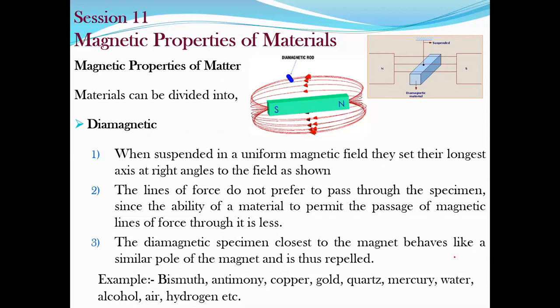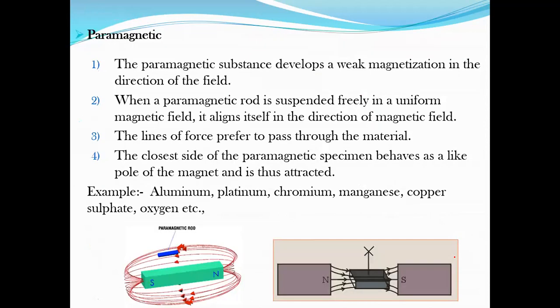These are examples of diamagnets: bismuth, antimony, copper, gold, quartz, mercury, water, alcohol, air, and hydrogen. And now paramagnetic.